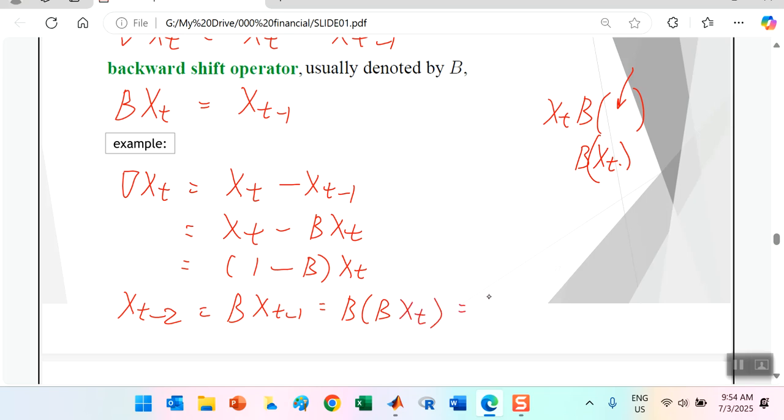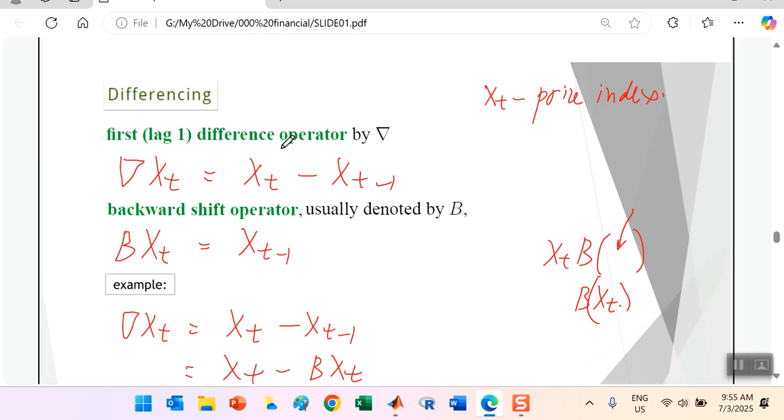In short, we have B to the power 2 Xt, which operates the lag twice. Therefore, Xt becomes Xt minus 2 in terms of time. In general, the backward shift operator operating on Xt j times gives Xt lagged by j.